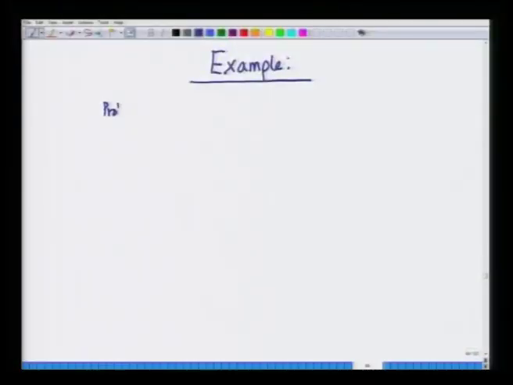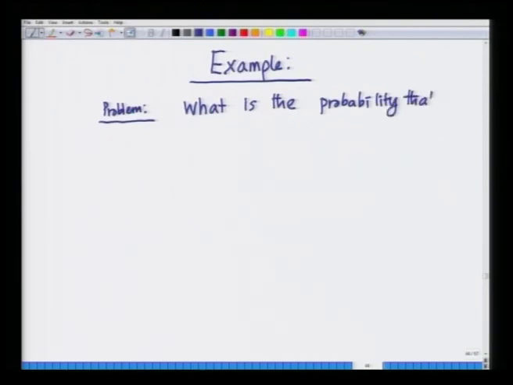My problem is as follows. I want to compute the probability that a transmitted signal is attenuated by more than 20 dB.